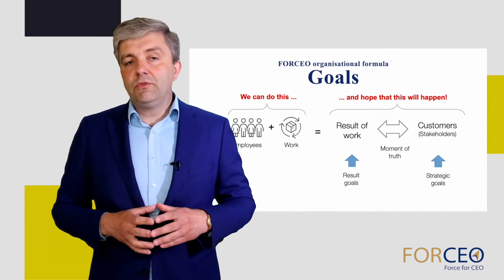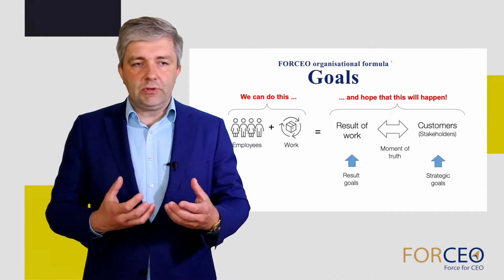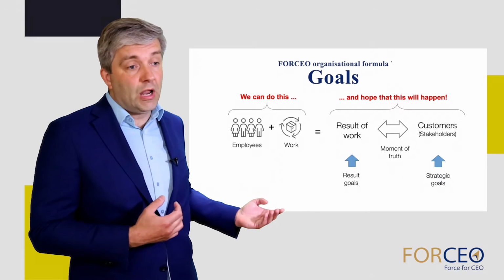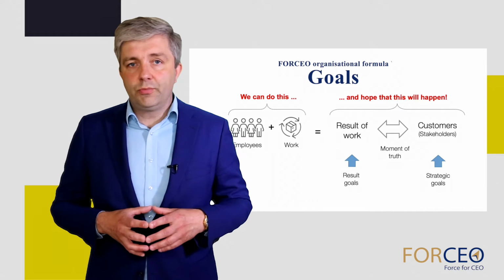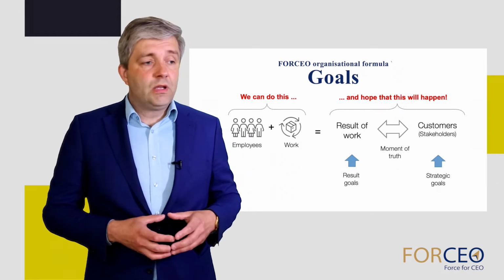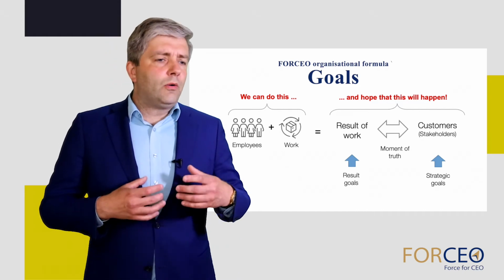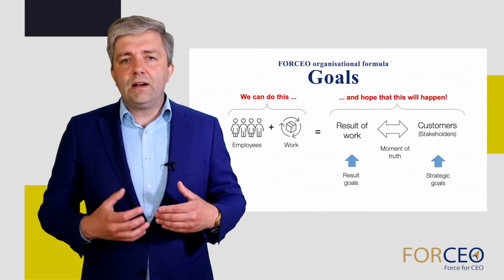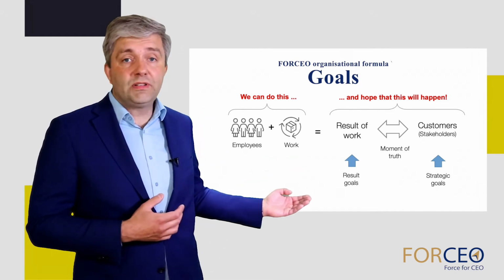Typical result goals are the ones which describe the output from the activities being done in the internal environment. If we talk about a product, what properties should the product possess? If it's a service, what are the properties of the service? How fast should it be delivered? Do we need to collect some feedback and so on? These are the properties of the product, and we call them result goals.